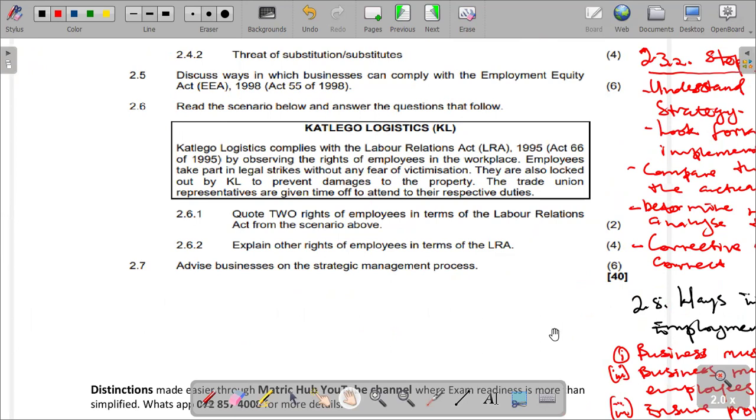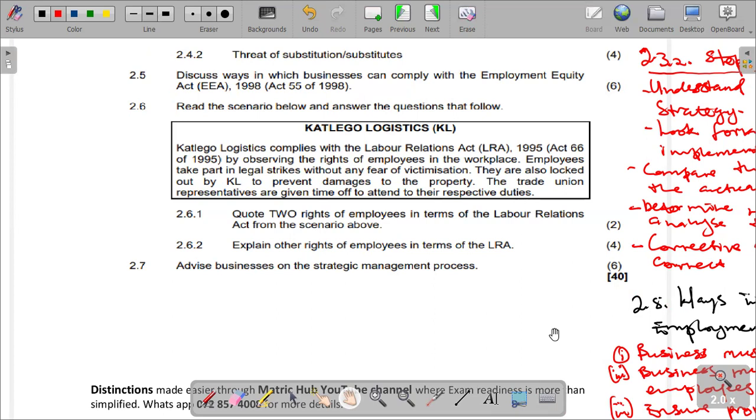So our next question is a scenario. Read the scenario below and answer the questions that follow. The scenario given is of Catholic Logistics, which complies with the Labor Relations Act of 1995 by observing the rights of employees in the workplace.